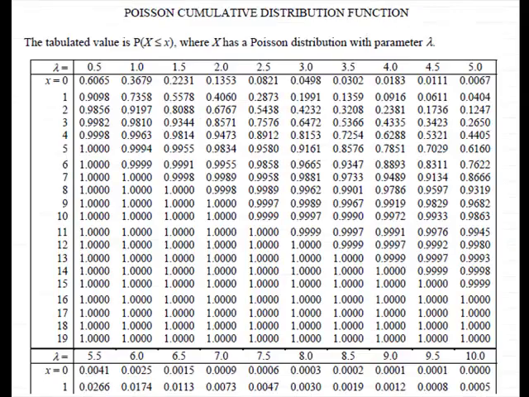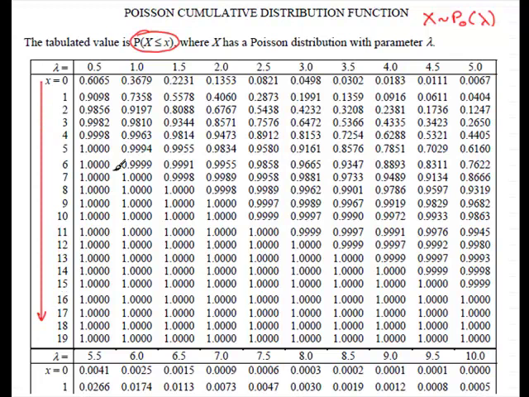Now here we have a typical set of Poisson cumulative distribution tables, and what they do is that given that x follows a Poisson distribution with mean lambda, that's the one parameter lambda, the tables work out the probability that x is less than or equal to any given value x, which you see down this column here.